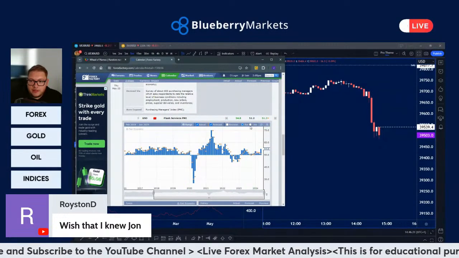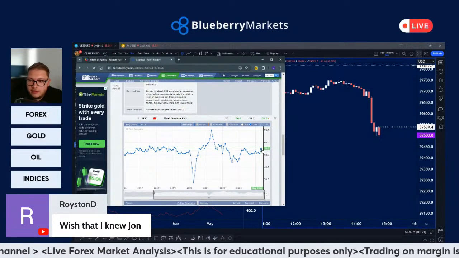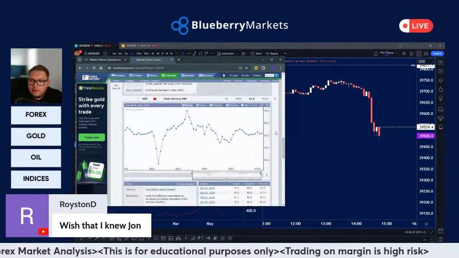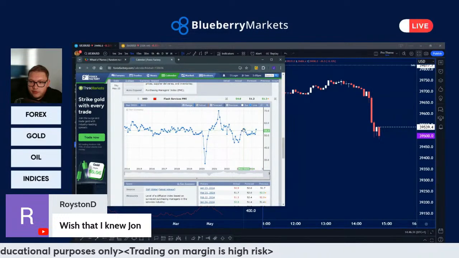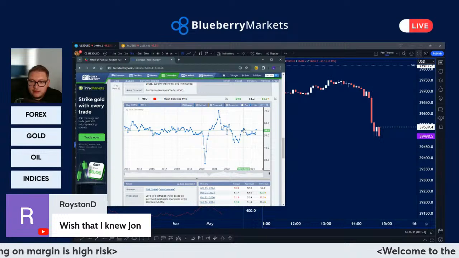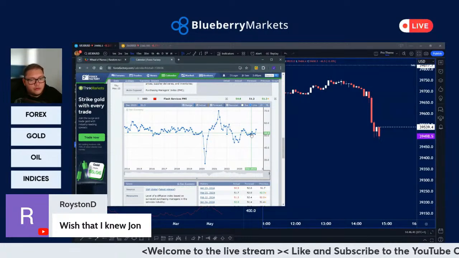So services PMI has gone up a fair bit. We haven't seen 54.8 for a while. The highest level there was back in May of 2023. So again, is that showing further growth?